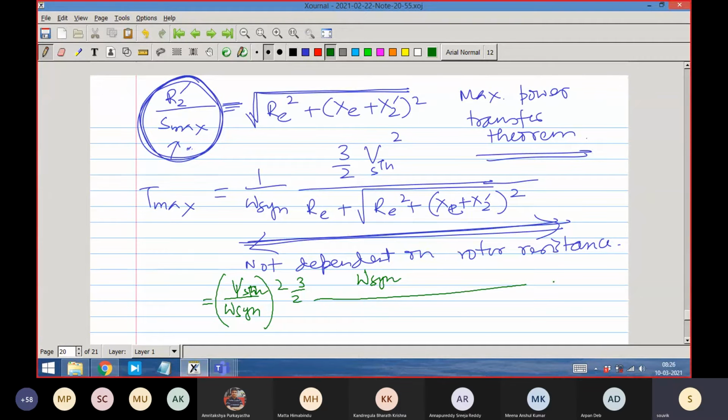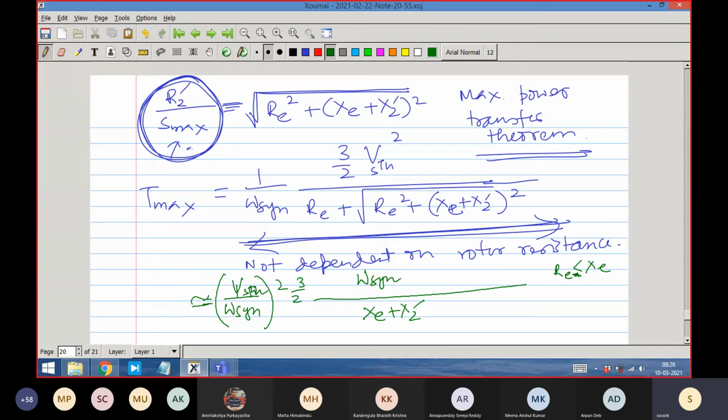Here I approximate. The reactance part is always more than the resistance, that is, RE is less than XE, and so on and so forth. So it can be approximately thought of as just XE plus X2 dash.